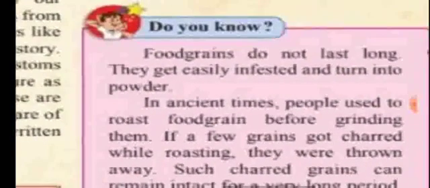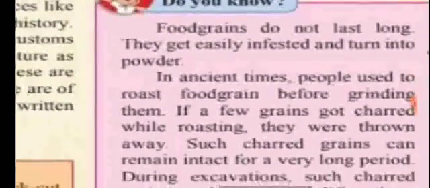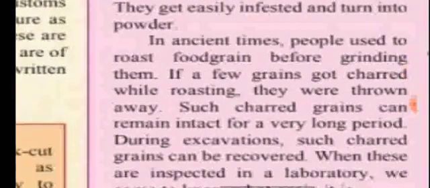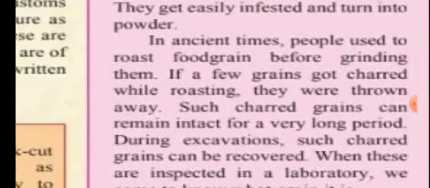Food grains do not last long. They get easily infested and turn into powder. In ancient times, people used to roast food grains before grinding them. If a few grains got charred, now here what is the meaning of charred? Charred means burned. While roasting, they were thrown away.